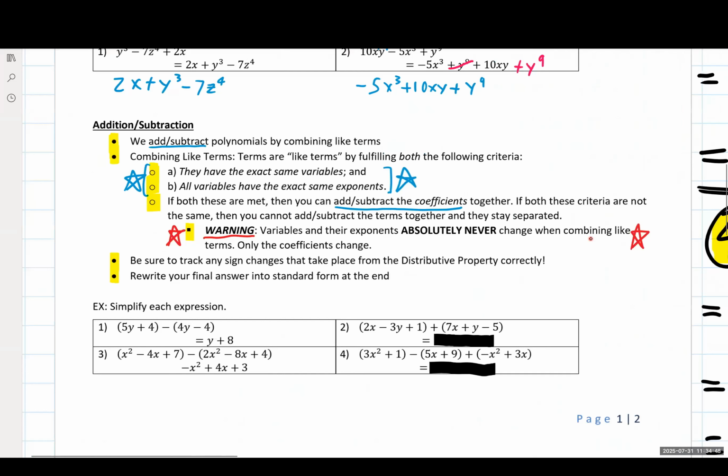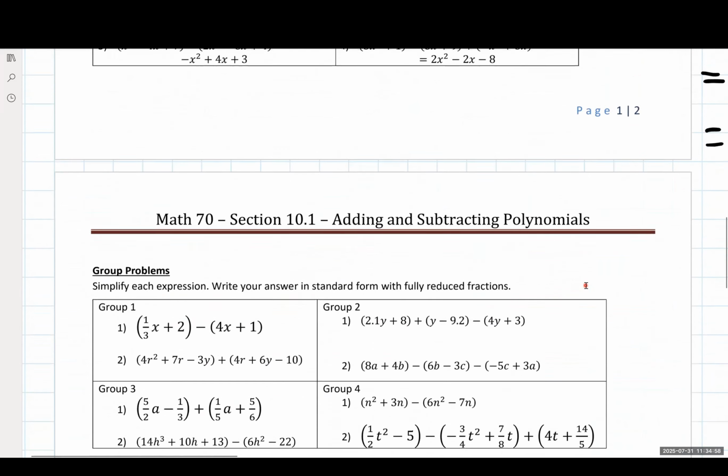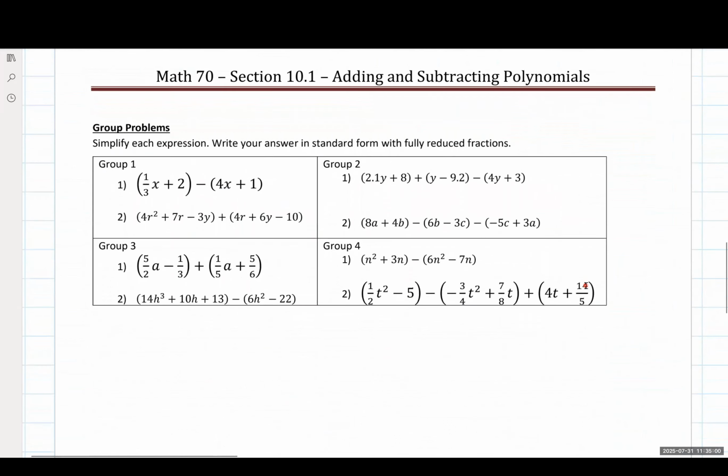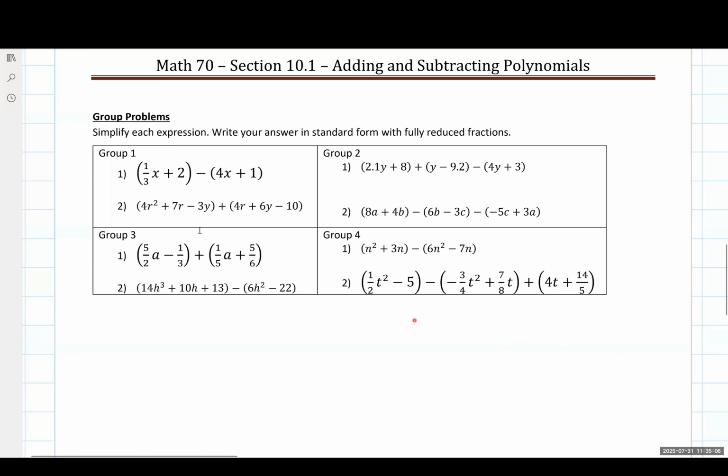I'm going to bring us back over here. We should have our answers on display here. Yeah, so there we go. Now, if you guys would like to, I do have some group problems listed out here. The entire purpose of showing these is to show you that we can have fractions and decimals showing up with these things.